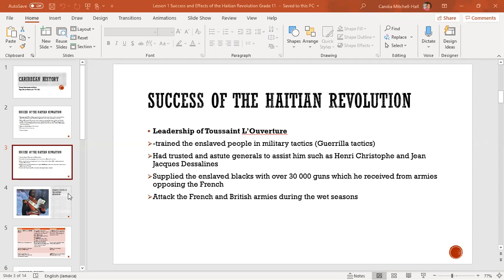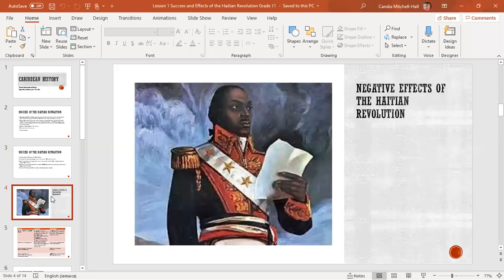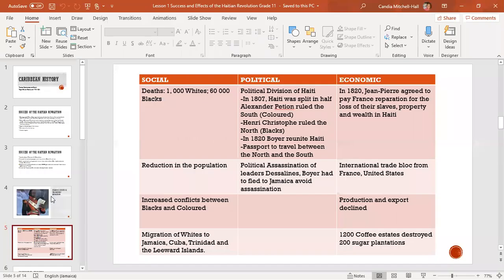All right. Now, ladies, from last class, we would have looked at the negative effects of the Haitian Revolution. Some of the negative effects would have been the death. We said that over 1,000 whites would have died, over 10,000 coloreds, over 60,000 blacks.